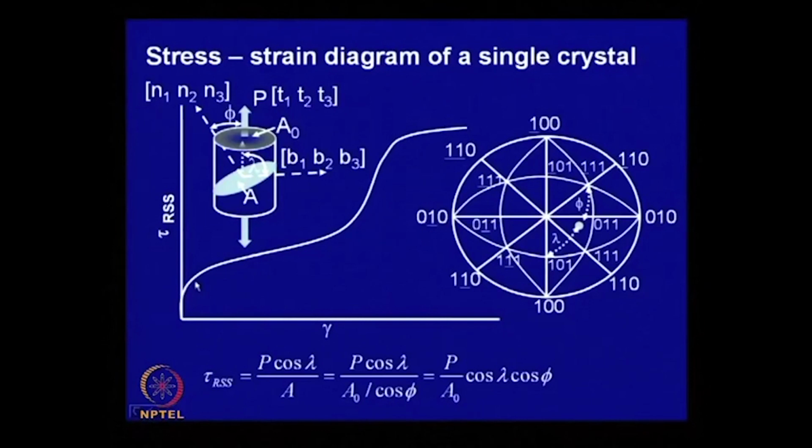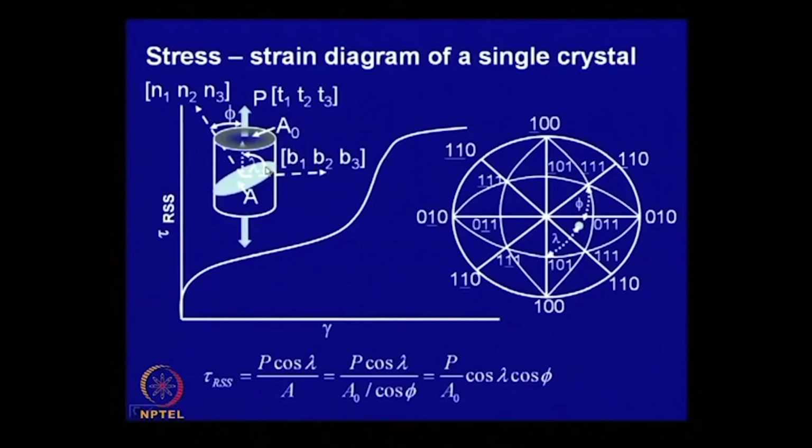You can possibly ignore this part and assume it is straight, going up and then straight. During this period slip keeps taking place, and this stage is called stage 1, when slip takes place on only one plane.